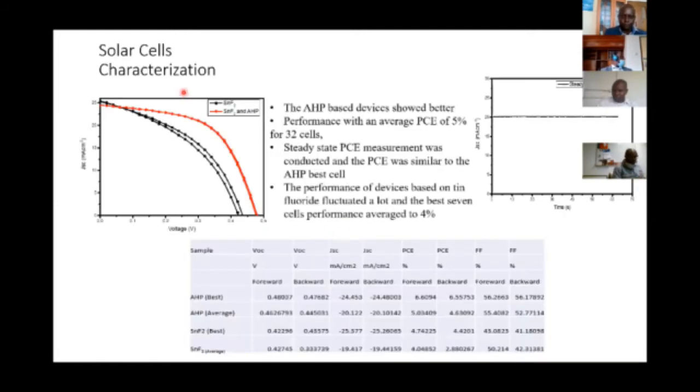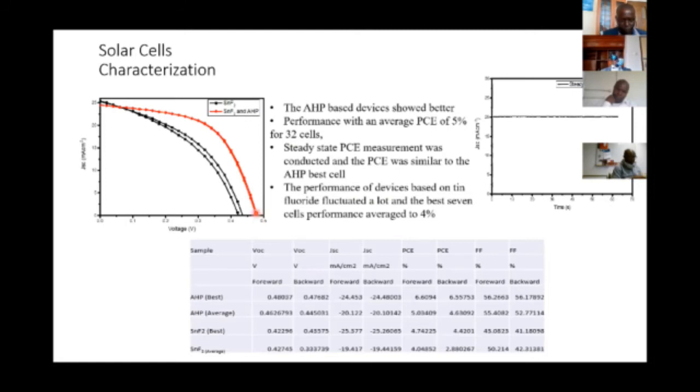Then we go to the solar cell characterization. After discovering that the properties of the absorber are better if we have the HP mixed with the tin fluoride, we made our solar cells and investigated their electrical properties. From here, you can see that just by eliminating those other phases, we can have improved VOC.